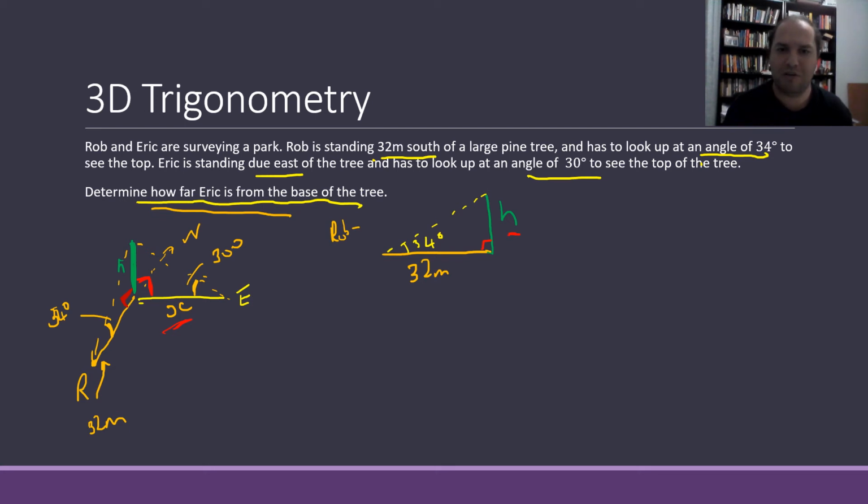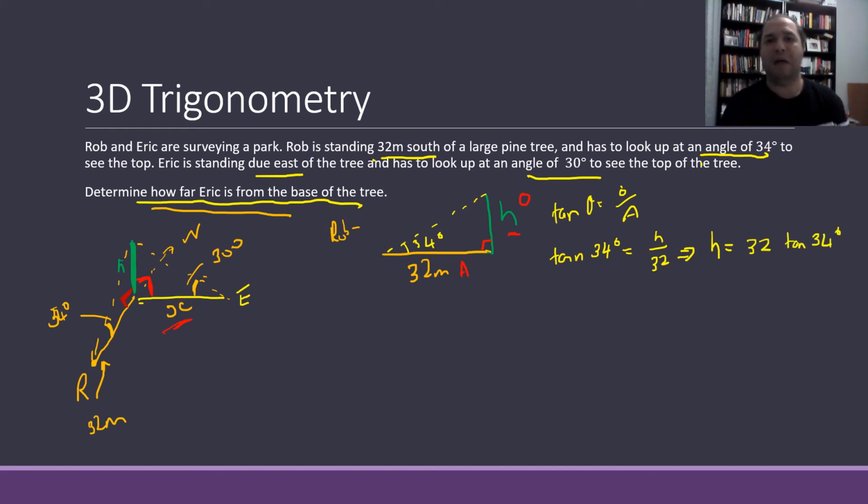Right, so using trigonometry, that side's opposite, that side's adjacent, so we can use tan. So tan theta equals opposite over adjacent. So tan 34 degrees equals h over 32. Rearranging that, h will equal 32 times tan 34 degrees.